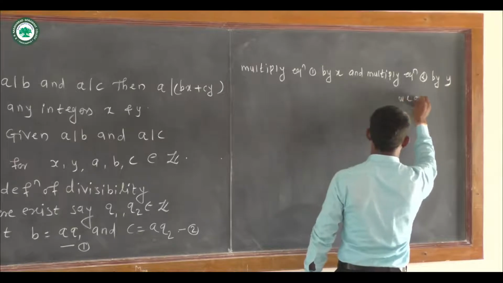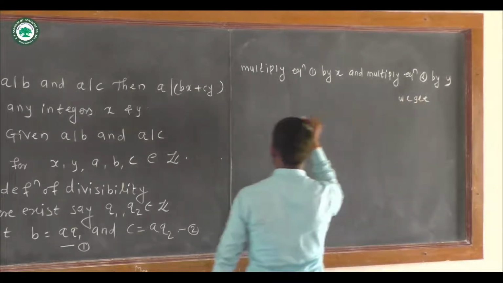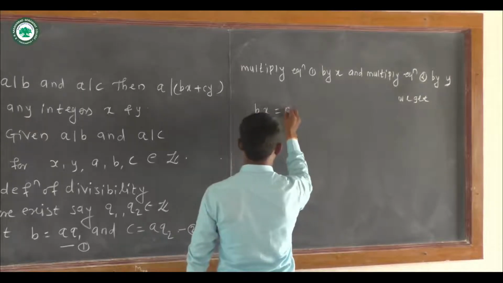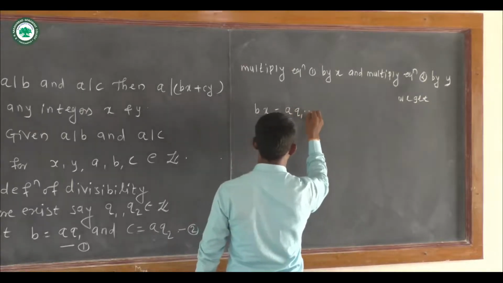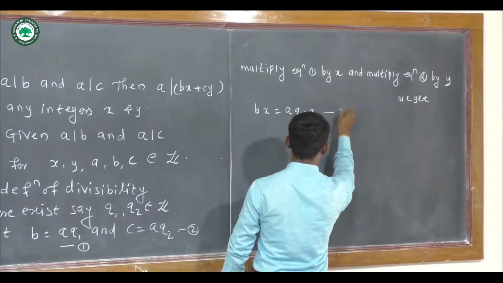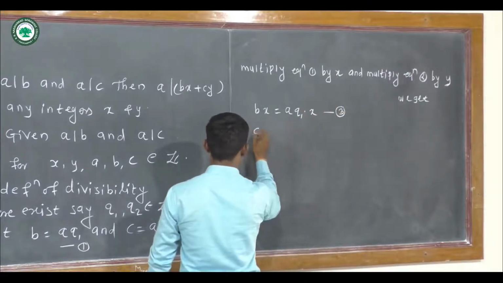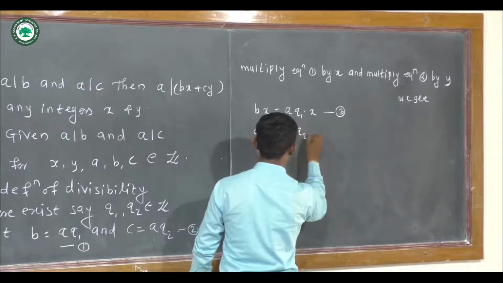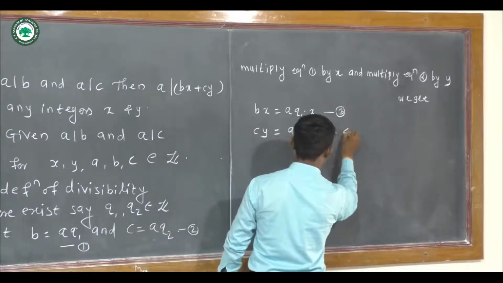We get bx is equal to a into q1 into x, say equation number 3, and c into y is equal to a into q2 into y, say equation number 4.